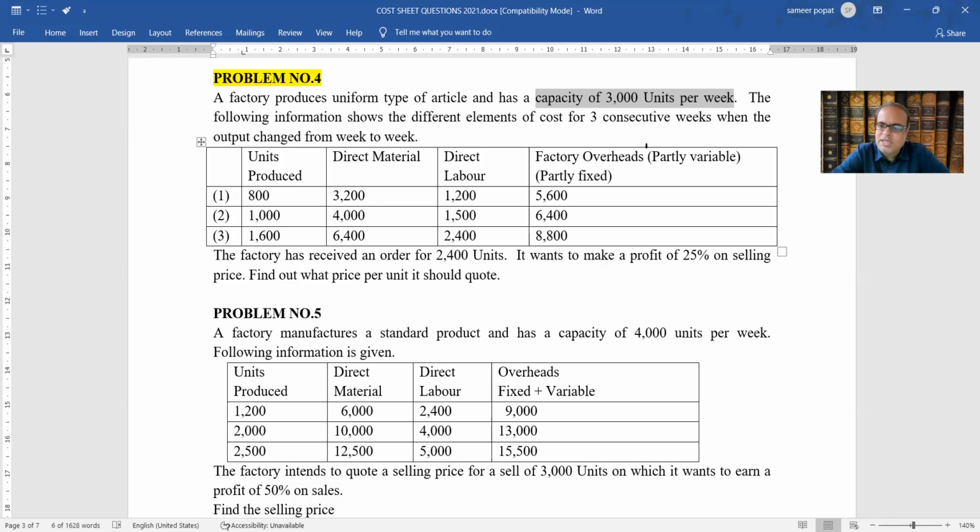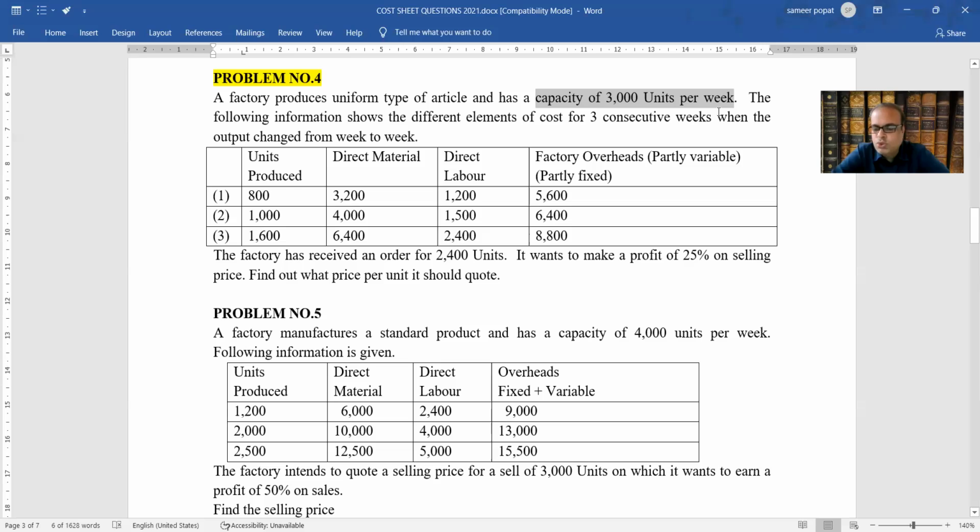Similarly for each company, based on its number of machines, number of workers, and the material available in the company, there would be 100% capacity calculated for the factory. That 100% capacity is the maximum production that can be manufactured by the company. So in this sum, the capacity is 3,000 units per week.